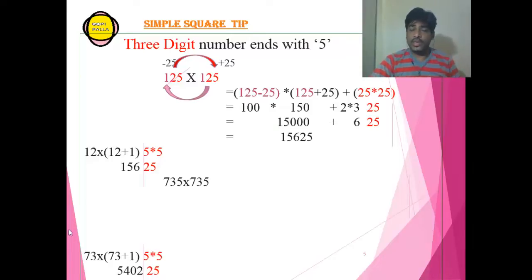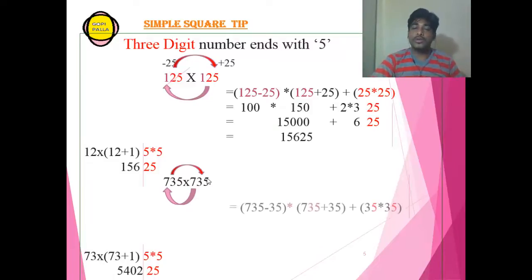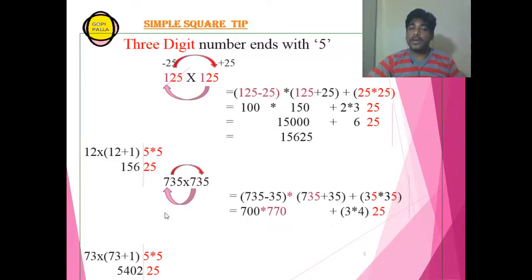Using the simplification method that I have shown here, method 2, we make this number nearer to hundreds. Here it is near to 700. We add the subtracted amount to the other number, multiply those two numbers, and add the square of the difference. 735 minus 35 multiplied by 735 plus 35, then 35 by 35.